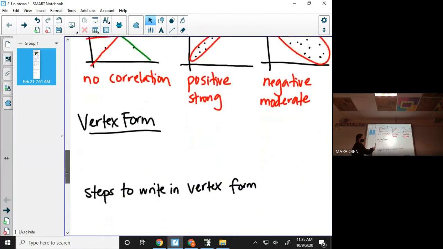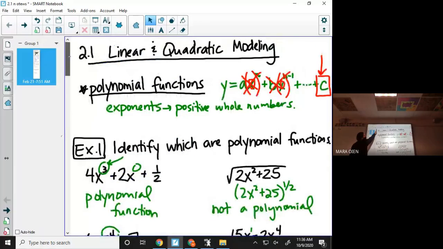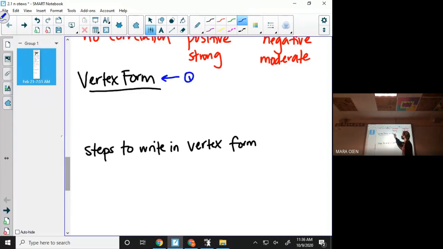Okay. So everything so far has been for linear equations. Now we're going to shift gears, because I believe I said linear and quadratic modeling. So now we're going to talk about quadratic equations. Okay, so vertex form is for a quadratic equation.